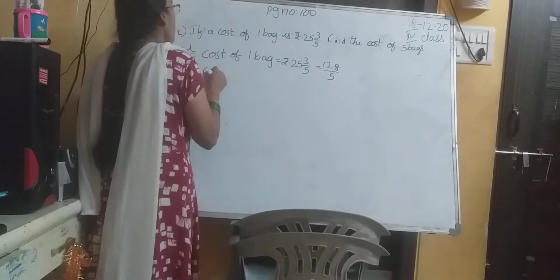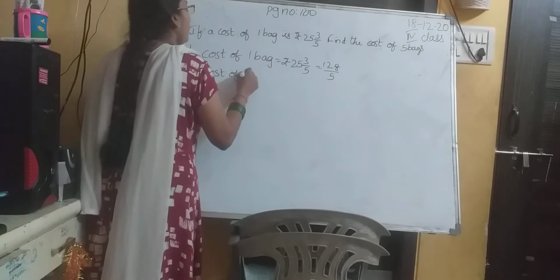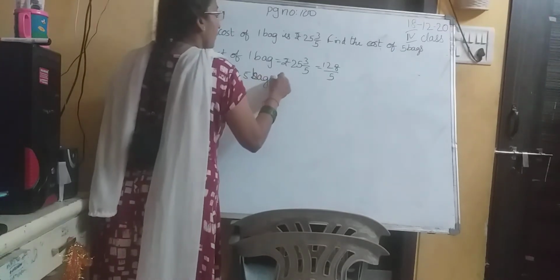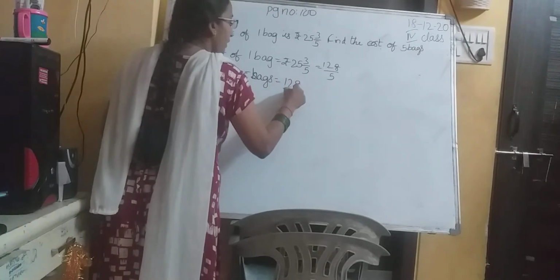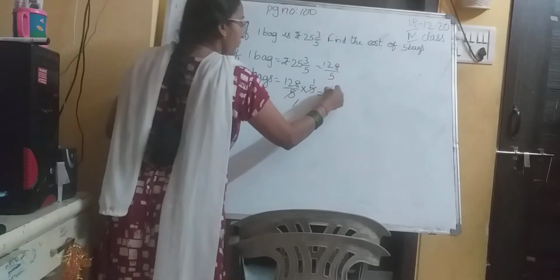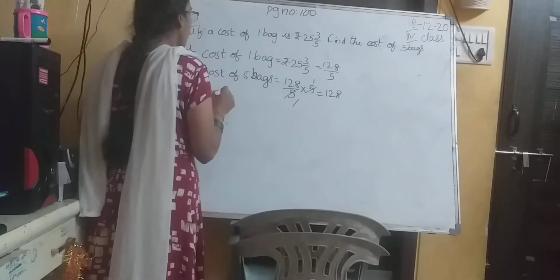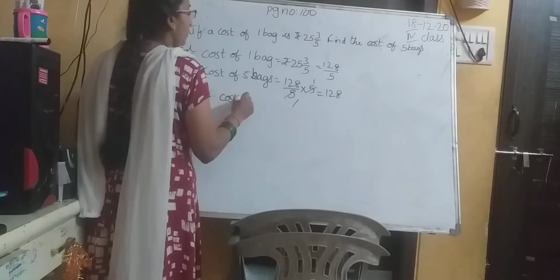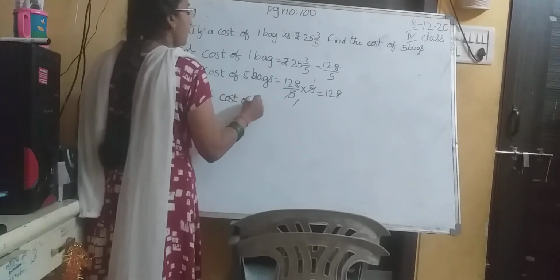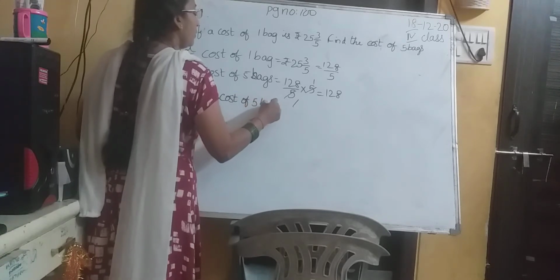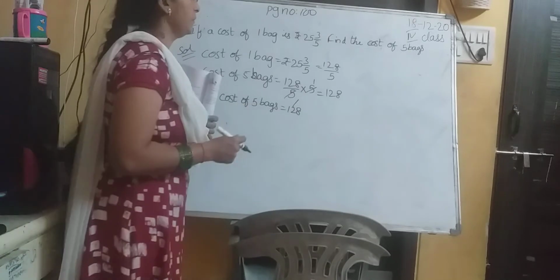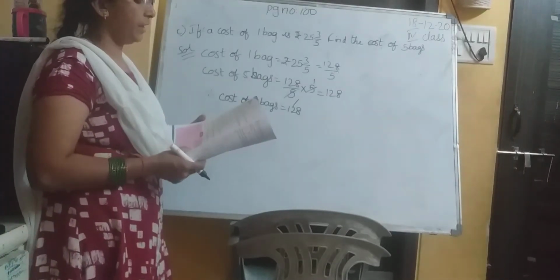Now, cost of 5 such bags, 5 bags is equal to 128 by 5 into 5. That is nothing but 128. Therefore, cost of 5 bags is equal to rupees 128. Okay? Write it.